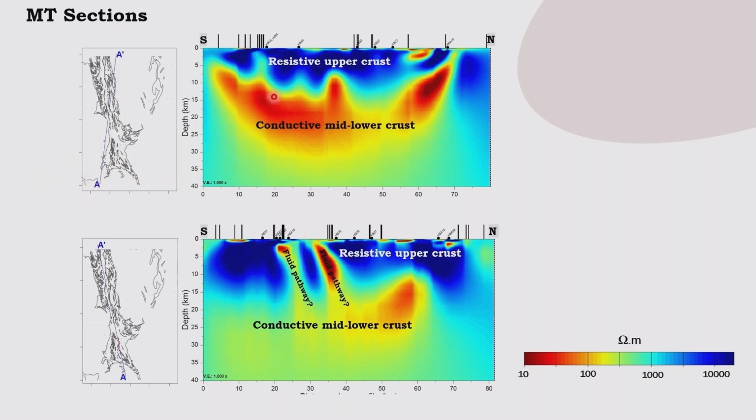It ultimately shows us that we have a resistive upper crust and conductive mid to lower crust. And in a different direction, we have the same thing. This is right along the belt itself, with inclusion of these 2 prominent low resistivity corridors that are connected to the mid to lower crust.